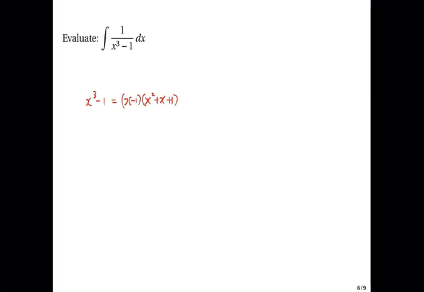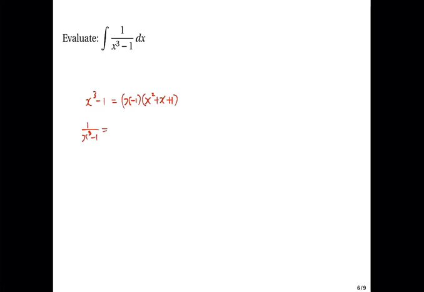So if we try to decompose 1 over x cubed minus 1 into its partial fractions, we would expect a denominator with x squared plus x plus 1, and its corresponding numerator will be a linear expression. So here we have 1 over x cubed minus 1.